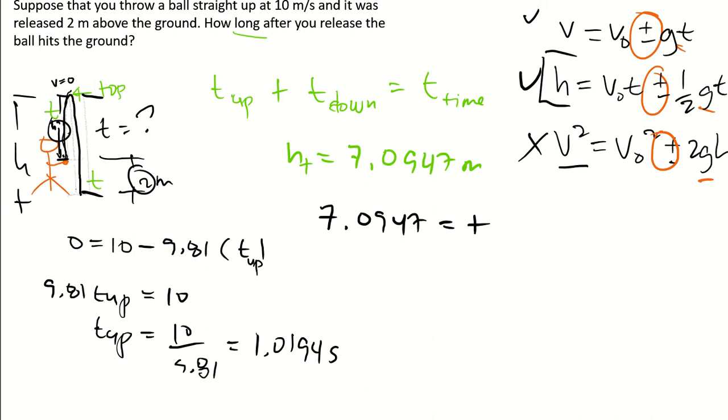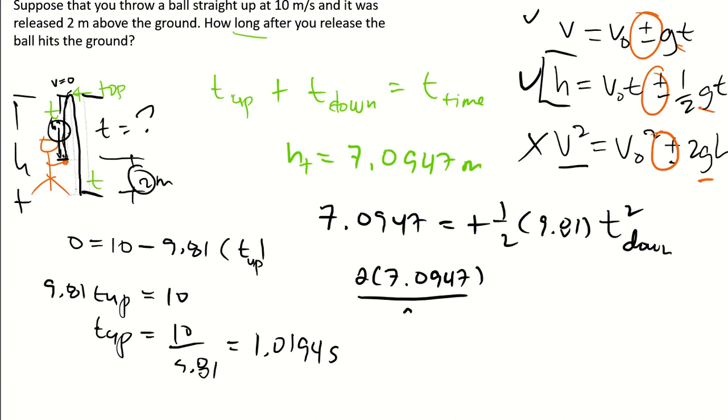Bakit plus? Kasi pababa na tayo eh, katulong na natin ng gravity. So magiging 1/2, ang G natin ay 9.81. Ang hinahanap natin ay time. Okay? Time down, squared. So doing the math becomes 2 multiplied by 7.0947 divided by 9.81 square root.